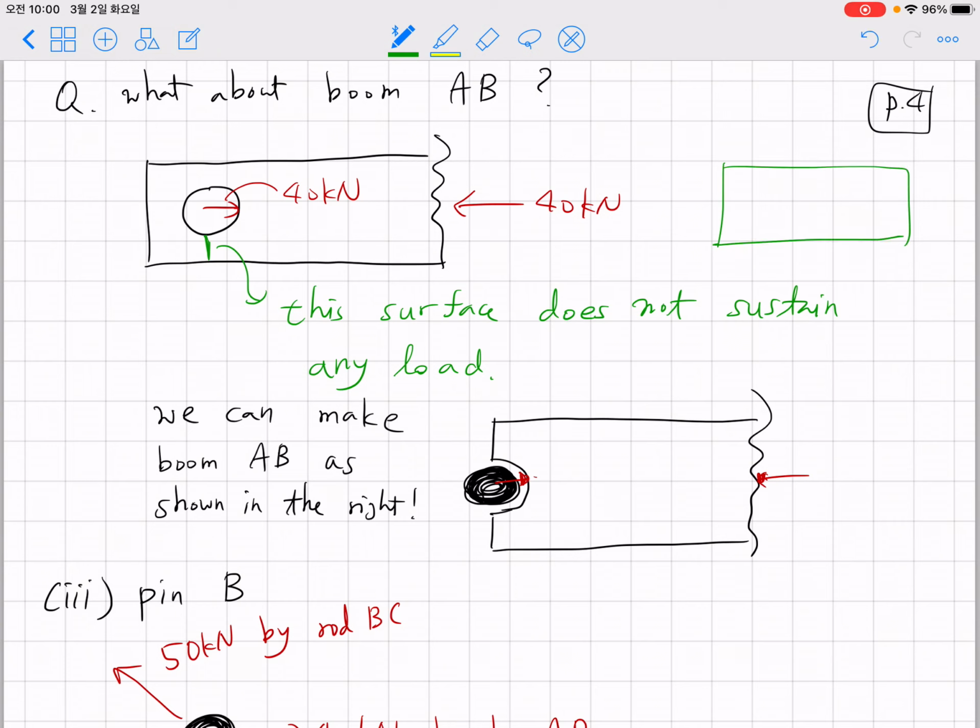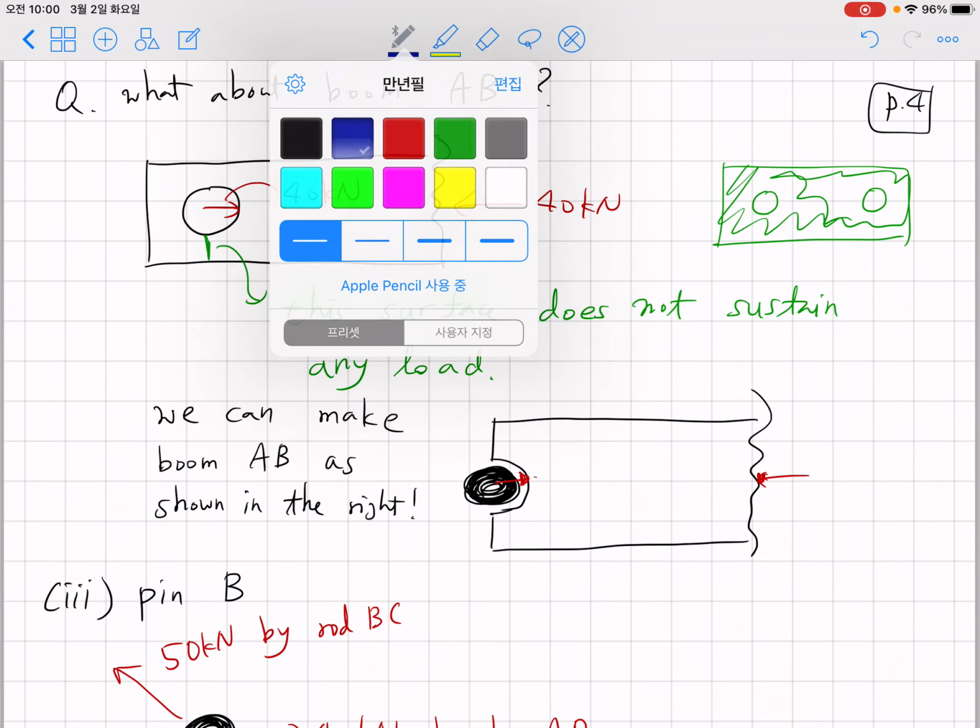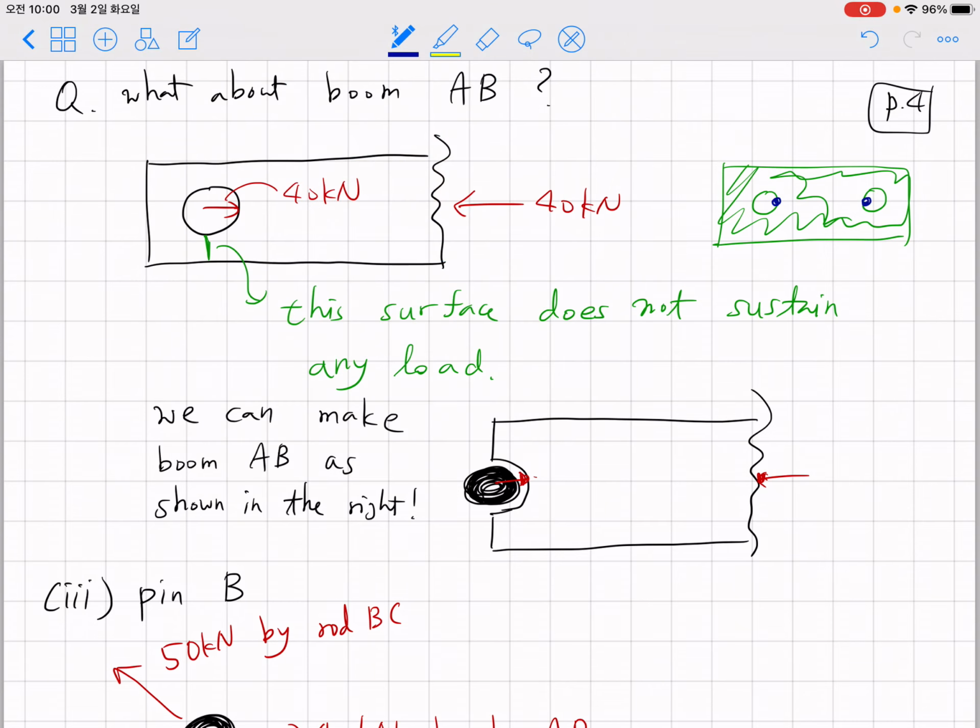Suppose that you have a small structure with a hole like this, and this is under 40 kilonewton compression. Now you can imagine that this 40 kilonewton acts on here and there.